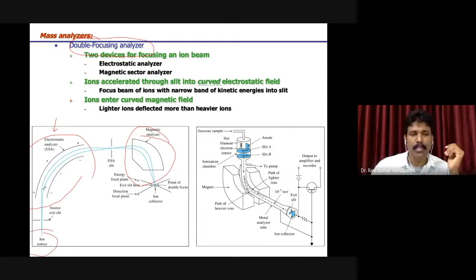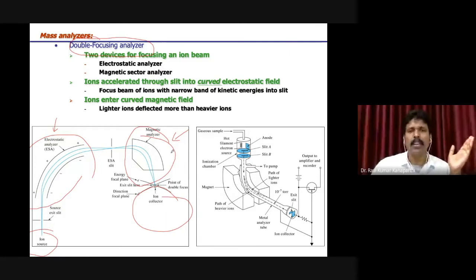Just after the ion source, we have a radial electrostatic field, for which curved electric plates are kept, through which the radial electrostatic field is applied. After that, and before the detector, we have the magnetic analyzer, like in the previous case of the single focusing analyzer.